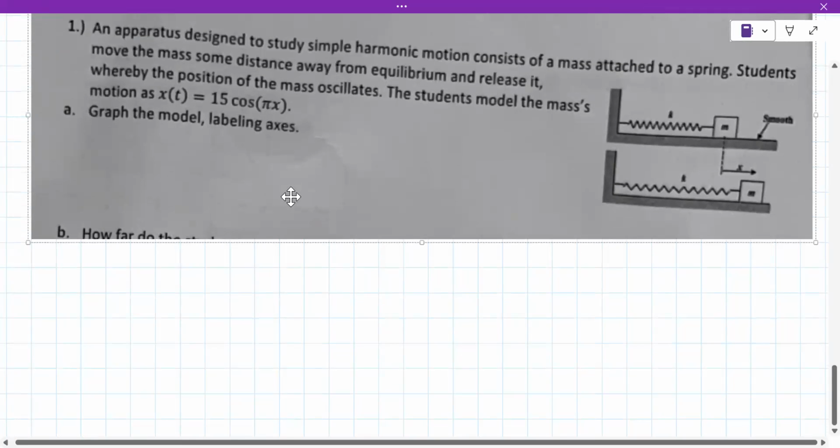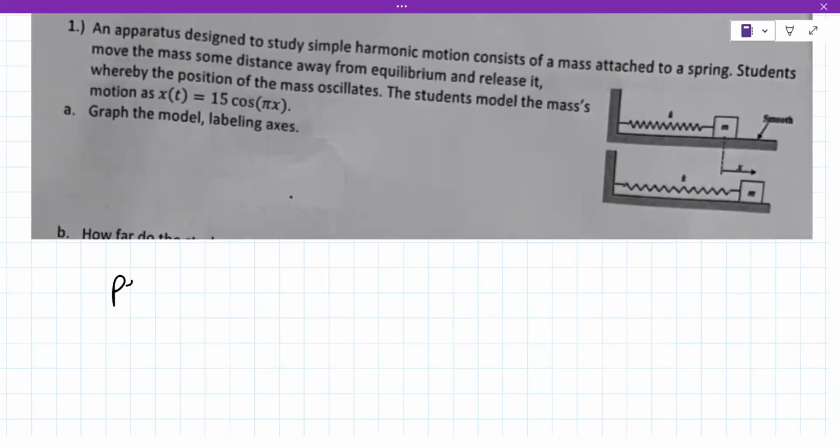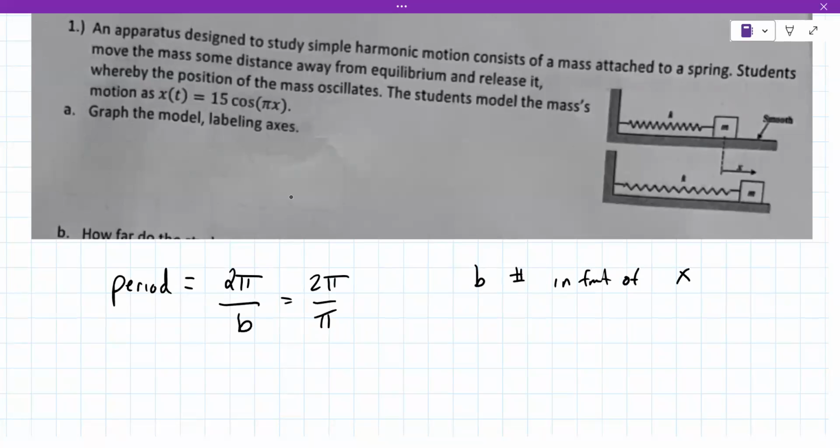It's probably been a while since you've done it. You need to identify a few things. One thing you need to identify is the period. The period is 2 pi over b. What is b? b is the number in front of x. So in your problem, b is pi.